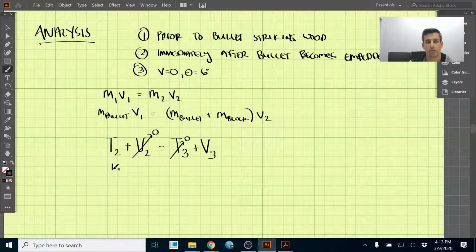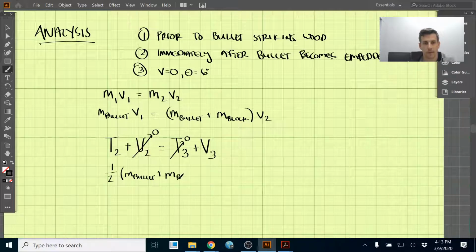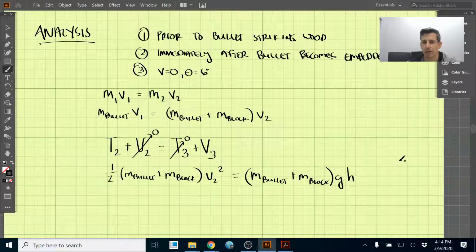And T2 will come out to be 1/2 times the mass of the bullet plus the mass of the block, because this is right after it becomes embedded, times V2 squared. And the right-hand side is going to be mgh, where m is the mass of the bullet plus the mass of the block, g is obviously 9.81, and h is maybe the tricky thing that we need to find.